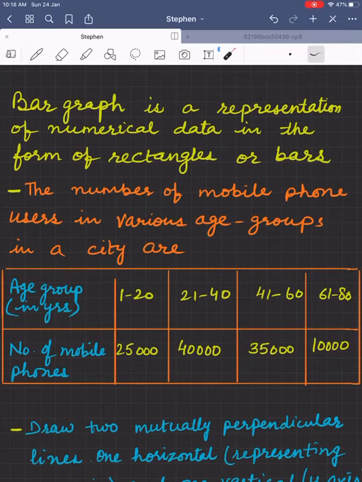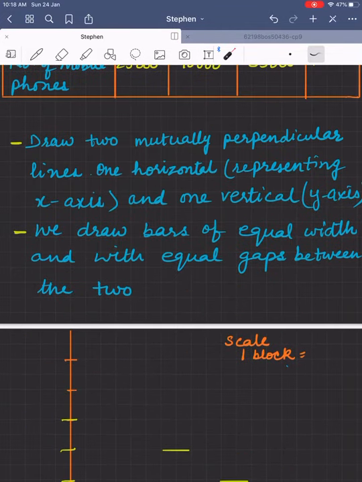Now children, we draw a bar graph on graph paper. So be ready with your graph papers. Now we draw two mutually perpendicular lines, one horizontal line representing x-axis and one vertical line representing y-axis on the graph paper.